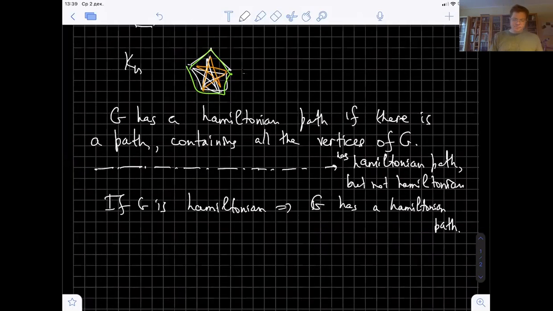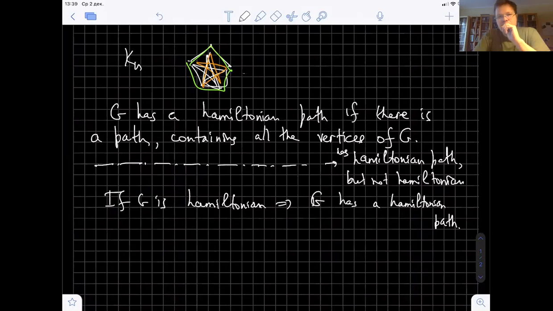It is maybe simpler to understand the notion of Hamiltonian cycle, but the harder part is that we have no criterion for a graph G to be Hamiltonian.